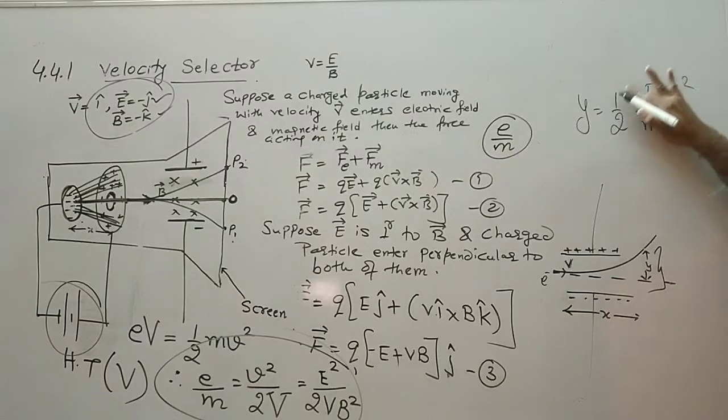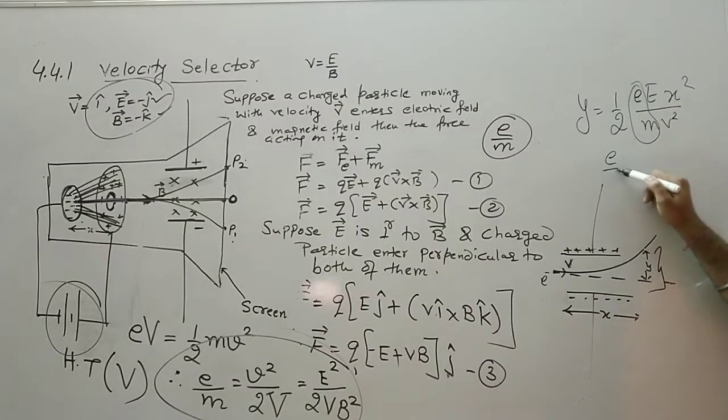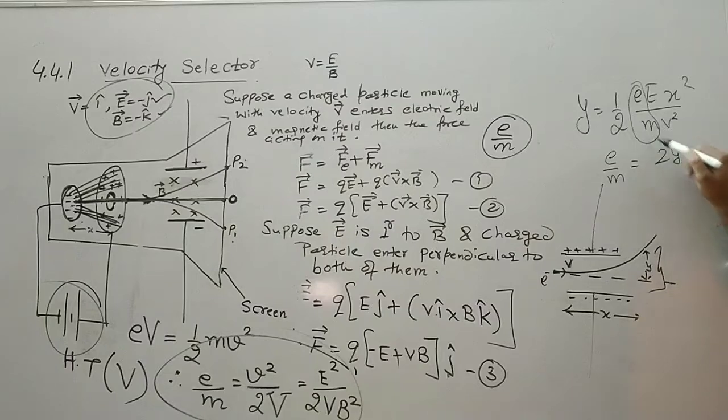So here if I take an electron, it is e. Now I have to determine the ratio e by m. So e by m can be written as 2y v square upon E x square.